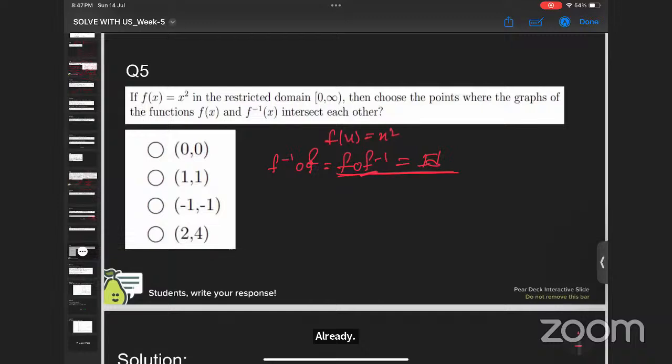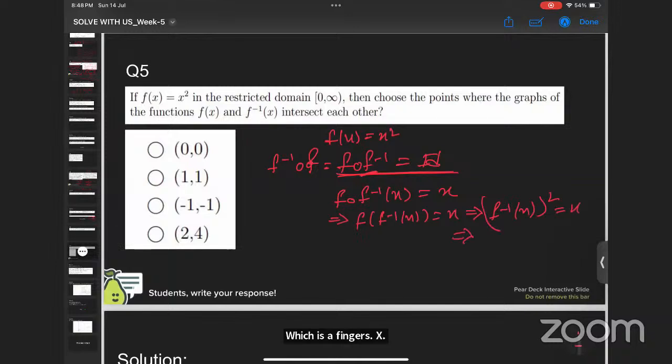We will pick this condition: f composed with f inverse of x equals x. So f of f inverse x equals x, which is f inverse x squared equals x, and this will imply f inverse x equals root x, right? So we got our f inverse x.